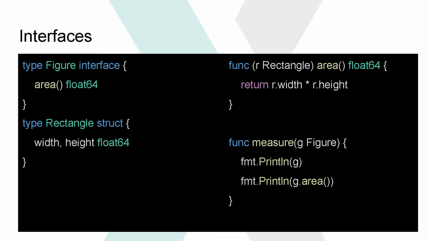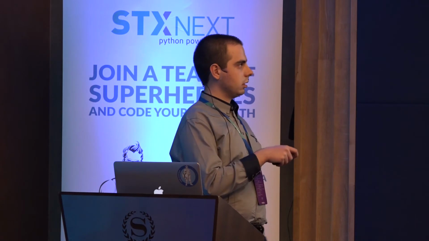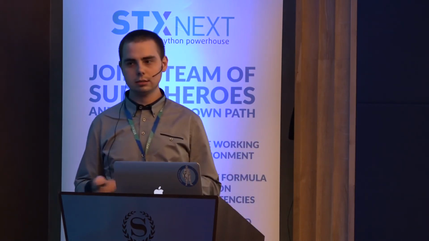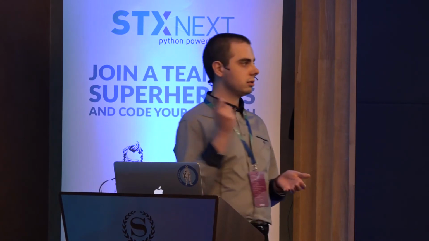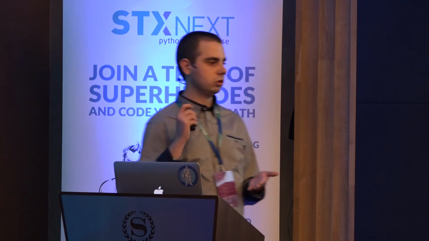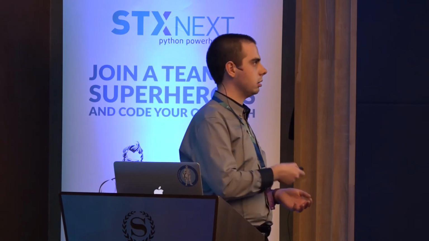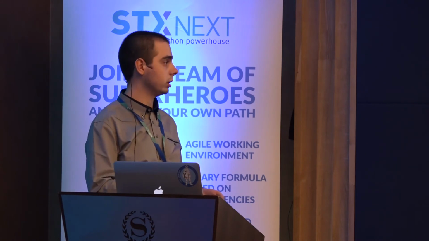But to determine if the variable we pass is of this type, all functions that are defined in the interface must be defined on the struct. So it has no strict type checking. It just looks if all methods that are in this interface are created in our struct.